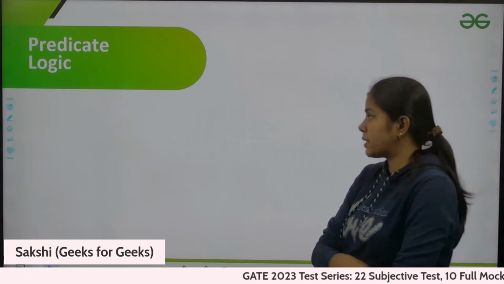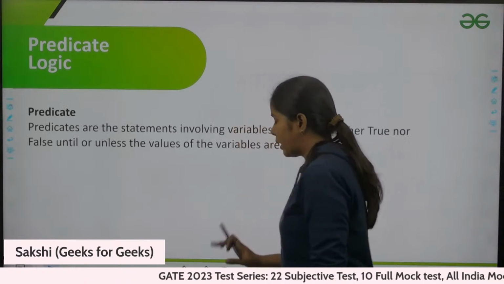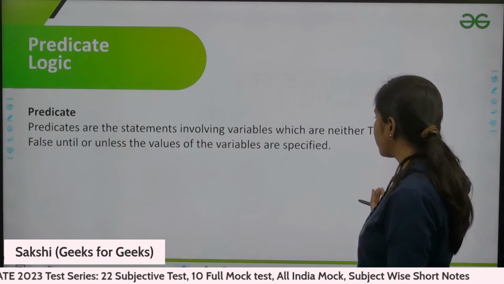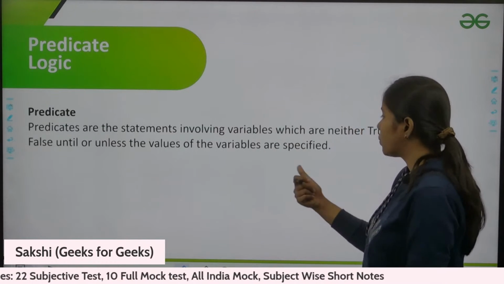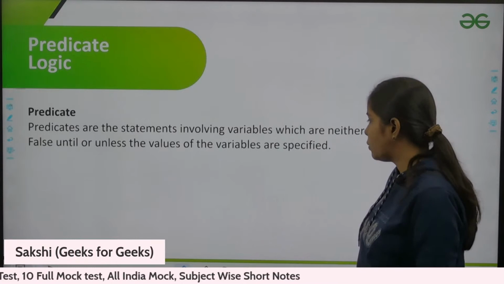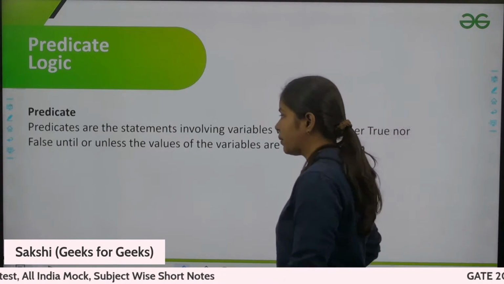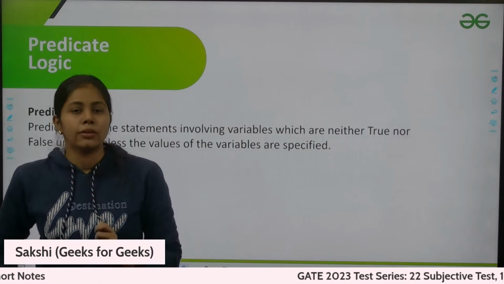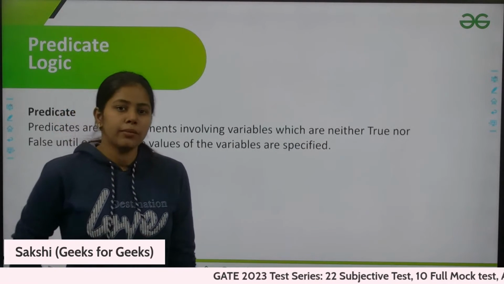Right? So let's see, what is a predicate? That is important. Predicates are statements involving variables which are neither true nor false until or unless the values of the variables are specified. So if I specify a certain value, then it will become true or false.